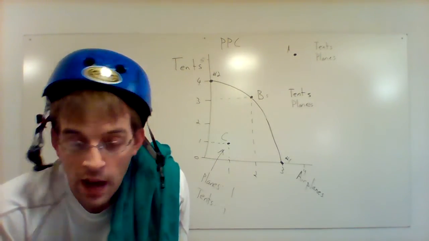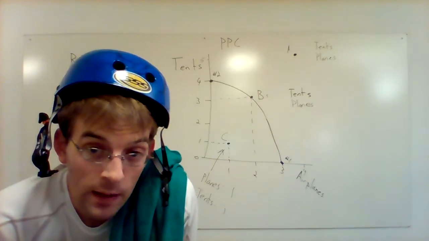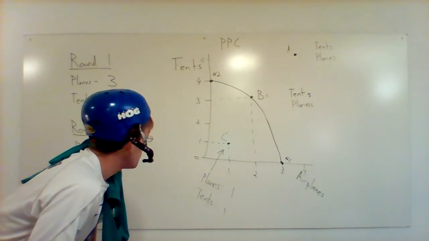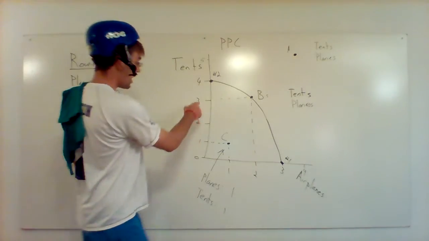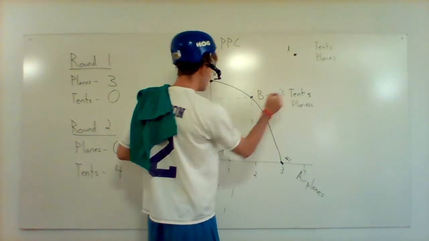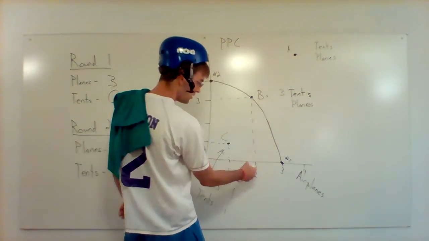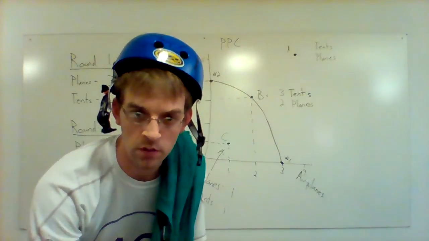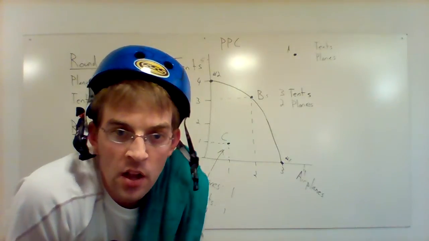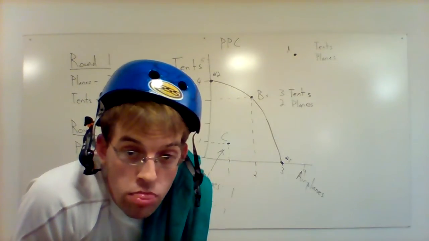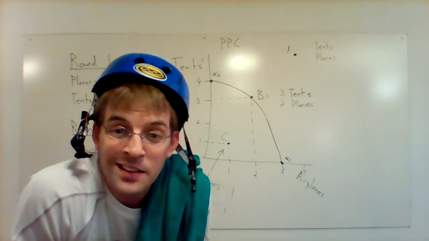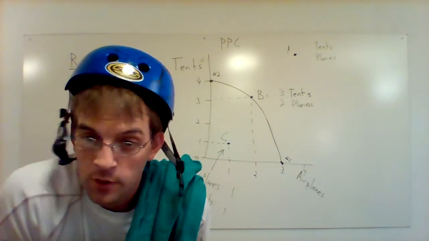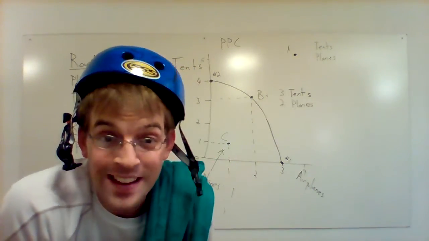How many airplanes and how many tents get made at B? Well, I've got 3 here, so that's 3 tents. And down, give me 2 airplanes. Is it possible that somebody could have made 3 tents and 2 paper airplanes?